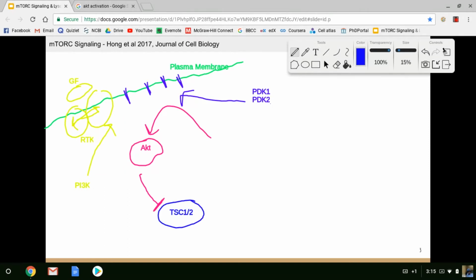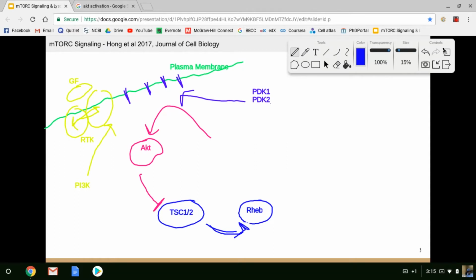And TSC1/2 is a Rheb GAP, meaning it hydrolyzes the GTP of Rheb into GDP. Oops. Let me fix that. So it's inactivating Rheb by hydrolyzing its GTP into GDP.